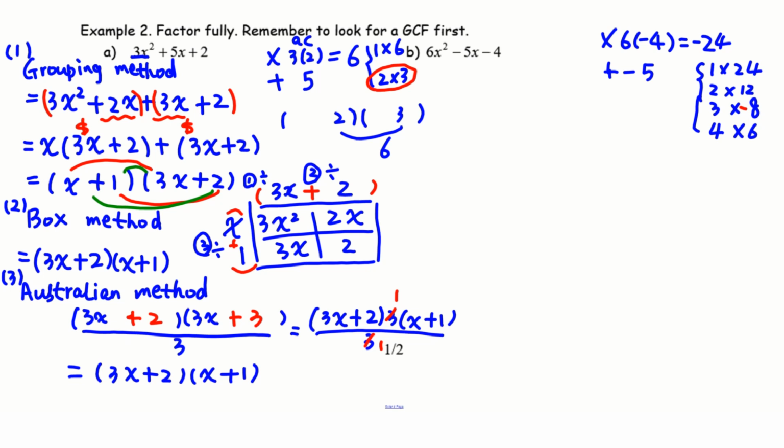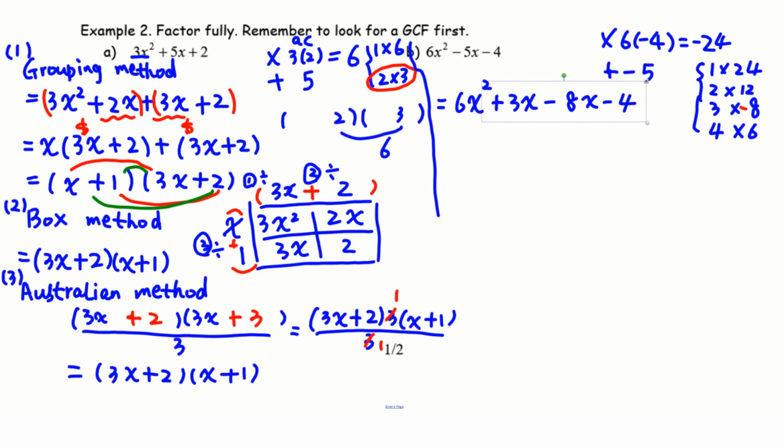Then you could try other methods by yourself. So this one equals 6x squared. Then use the 3 and -8 to rewrite -5: plus 3x minus 8x minus 4.